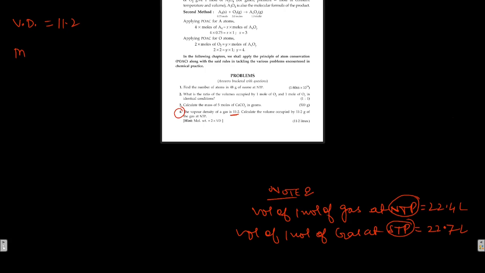We know that molar mass is equal to 2 into vapor density. So it is 2 into 11.2, which is 22.4. This is the molar mass. Calculate the volume occupied by 11.2 gram of gas at NTP.